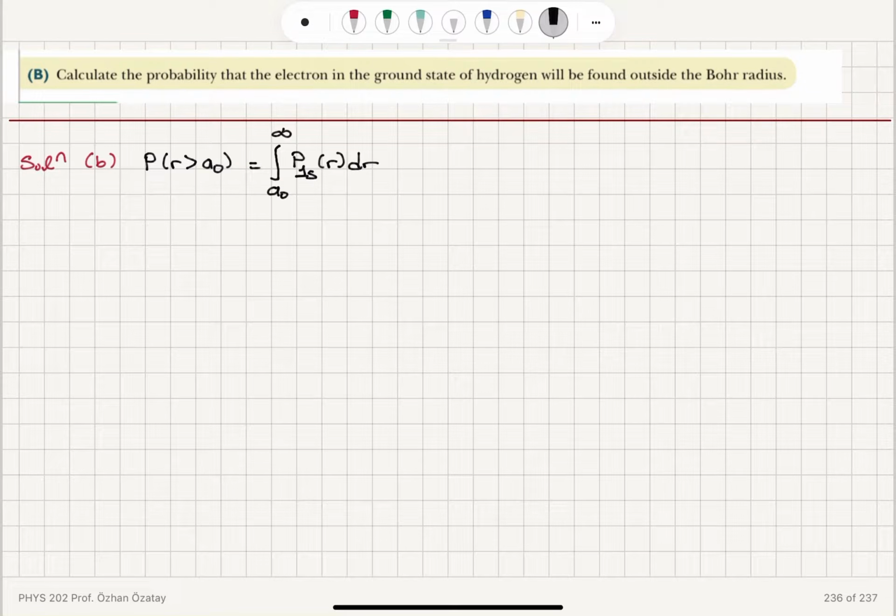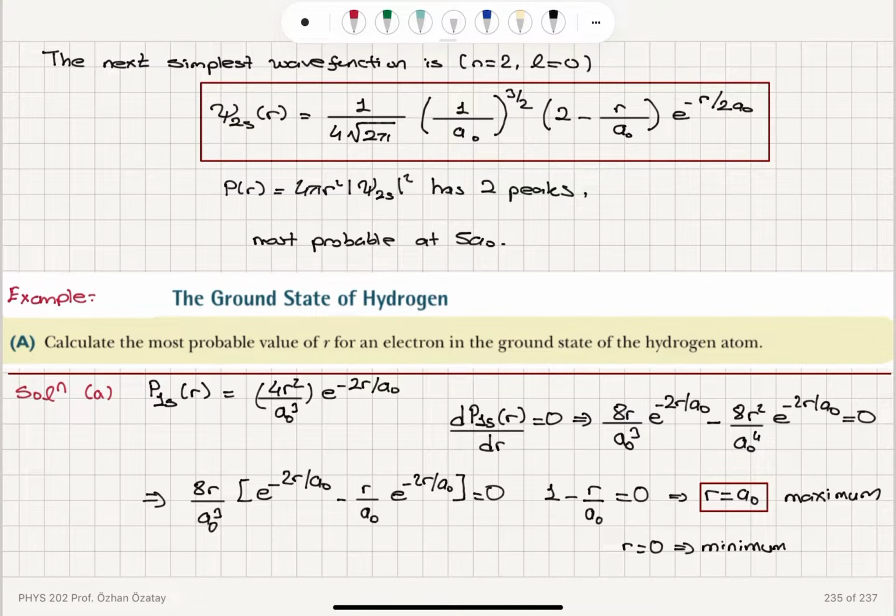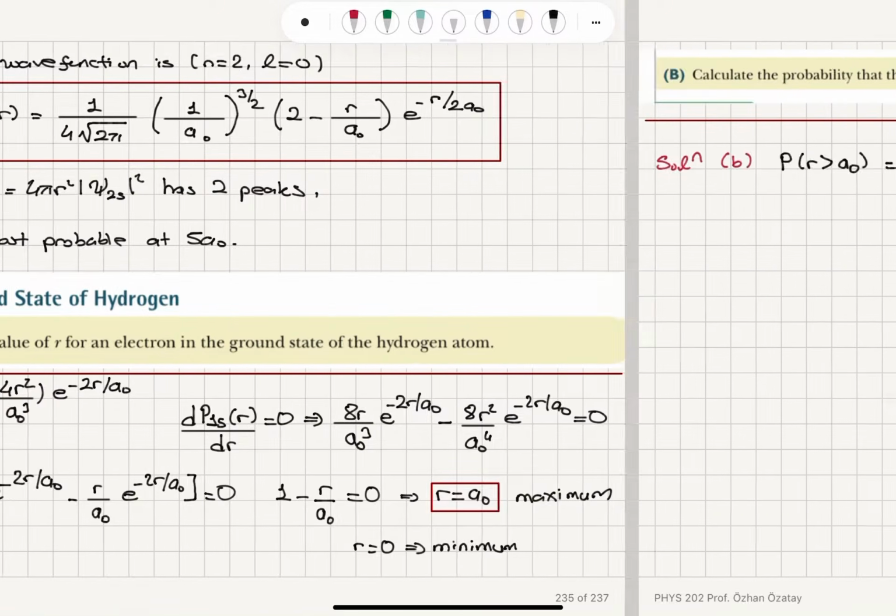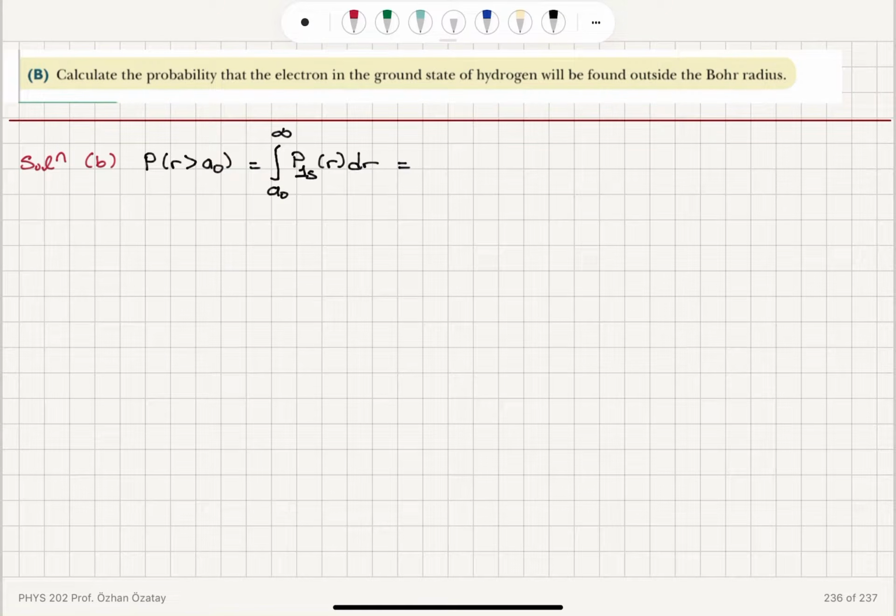Okay, so if I go back and substitute my radial probability density function, 4r square over a0 cube, 4 over a0 cube is just a constant, so it will stay outside of this integral.